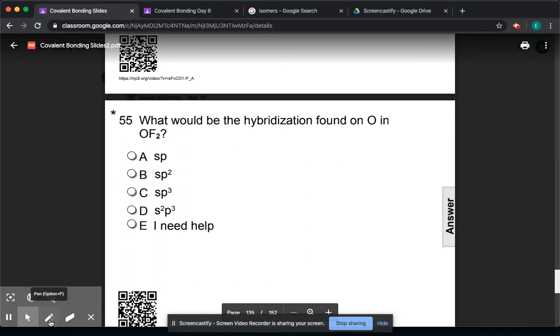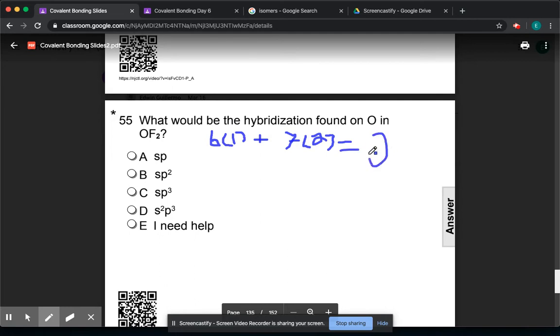How many electrons are in our bank? It's the first thing. We have 6 from the oxygen, and we have 1 oxygen. And then we get 7 from the fluorines, and we have 2 of them. So this would be 14 plus 6, which gives us 20 electrons.